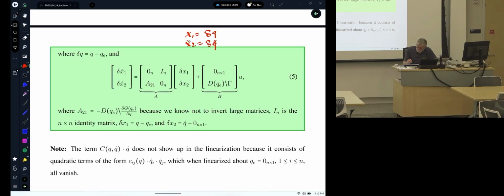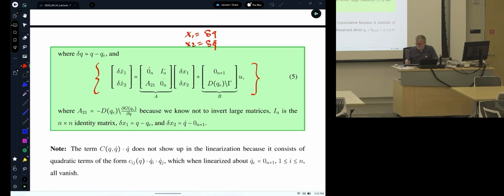Not x2 dot, it's x2 equals delta Q dot. And then you build the linear model, and this is what you get. So it looks just like the pendulum model. It's got a 0, it's got a 1, except it's a whole matrix of 1s. It's got something in the lower left corner, and then it's got 0 in the lower right corner.